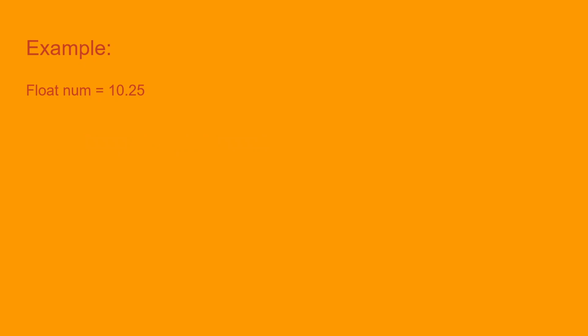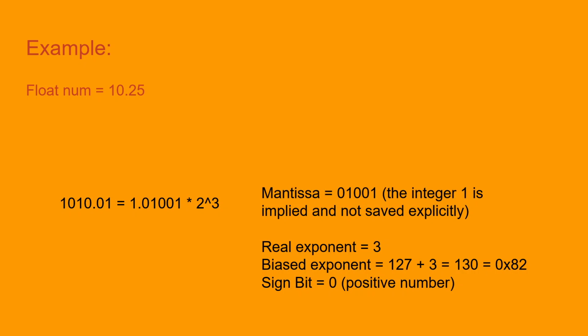And once we have converted that to binary, the next step is to normalize the number. And by normalization, we simply mean to move the decimal point 3 places to the left in this case and adjust the exponent accordingly. So the resulting number is of the form 1.01001, and the exponent has been adjusted, and the new exponent is 3.